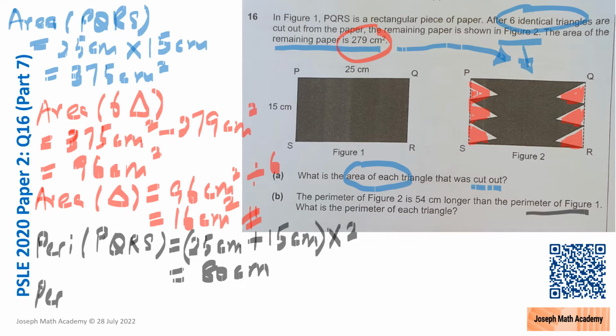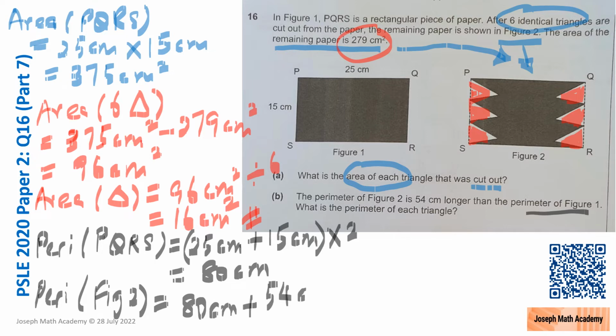Now, the perimeter of figure 2 is actually more. So more means we have to add 54 cm more. So you add 54 to it, we get 134 cm.